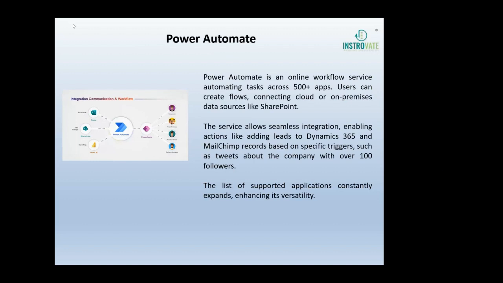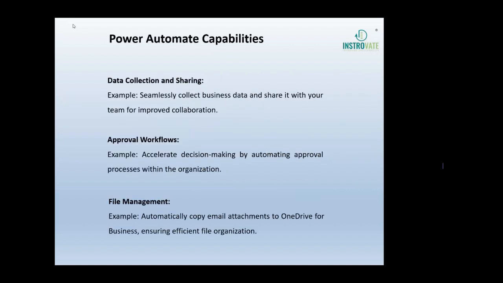Let's move forward. These are the capabilities of Power Automate. First, data collection and sharing. For example, it can collect business data and share it with your team for improved collaboration. Approval workflow: you can accelerate decision making by automating approval processes within the organization. File management: it automatically copies email attachments to OneDrive for Business, ensuring efficient file organization.